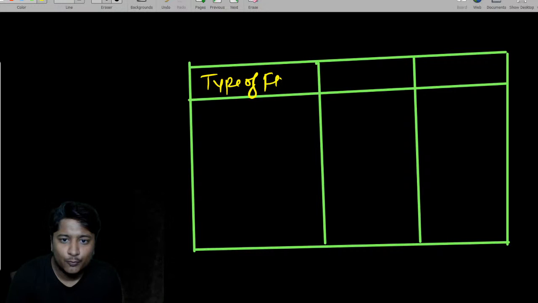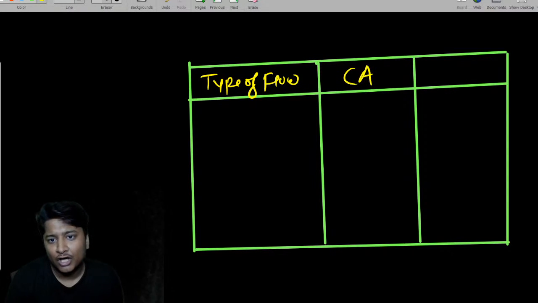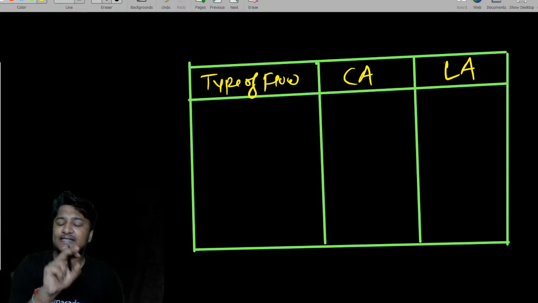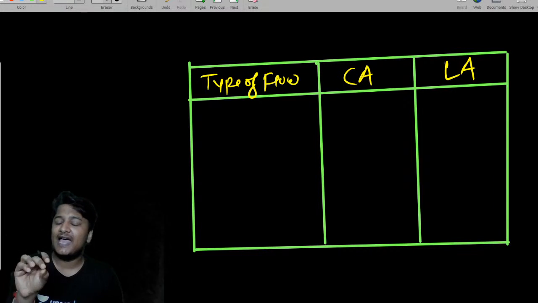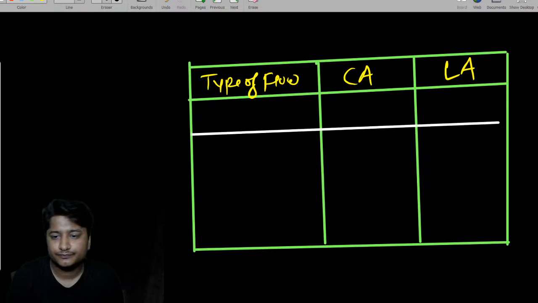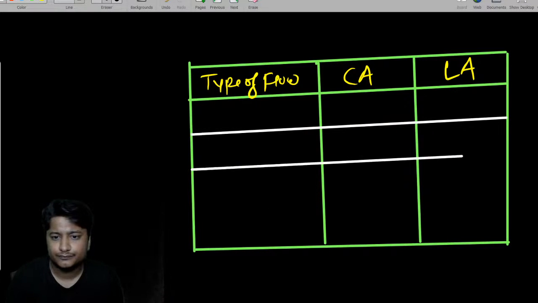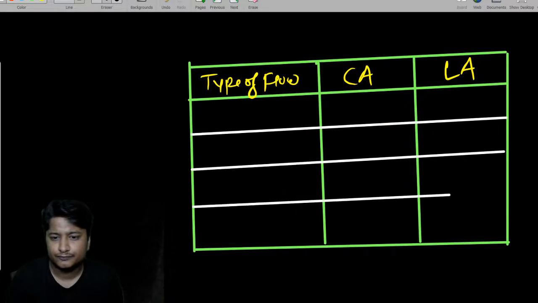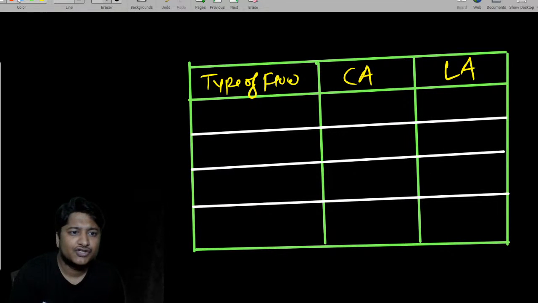Type of flow, convective acceleration, LA. CA is convective acceleration, LA is local acceleration.